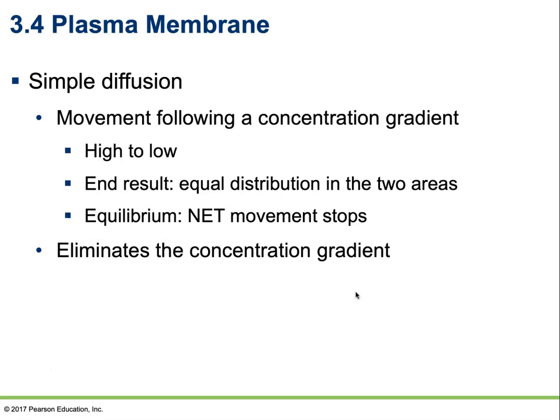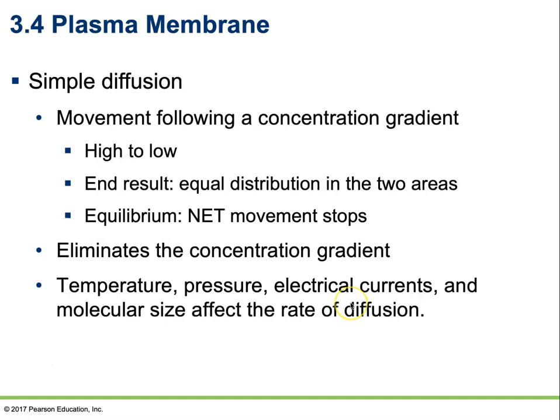And there are a lot of things that can actually affect this diffusion. Things like temperature, pressure, electrical currents, molecular size, all of these are going to affect the rate of diffusion, or how quickly molecules are going to move from an area of high concentration to an area of low concentration.